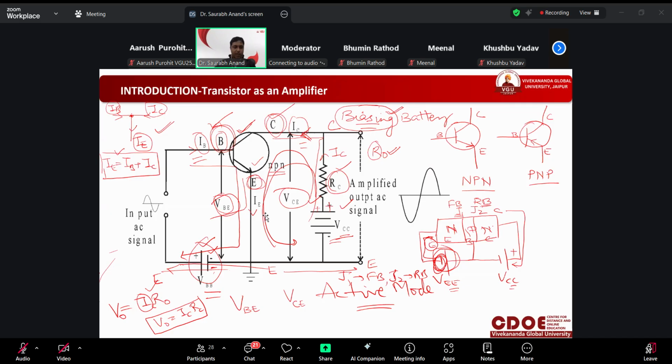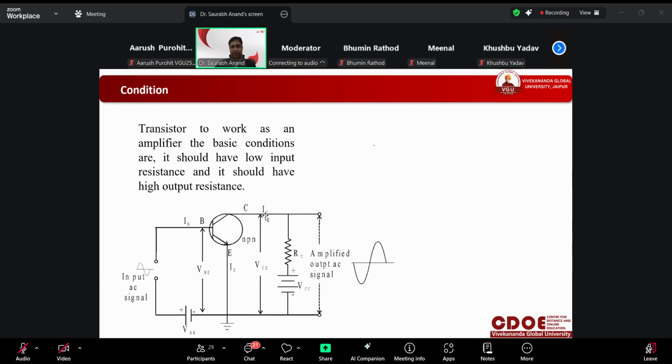So you can see here what is this and what is this. This is the amplified output. This is the amplitude of the signal. What is amplitude? I am just drawing here. The height of the signal is the amplitude, right? After amplification, you can see it is increased.